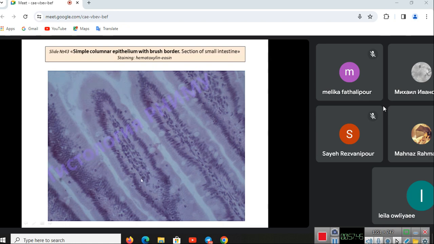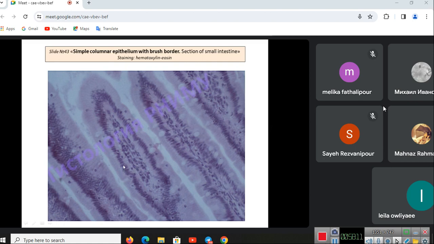The basement membrane goes like this, and this is the row of the cell nuclei of this epithelium. So this simple columnar epithelium with brush border covers the surface of villi. One villus here, second villus here.